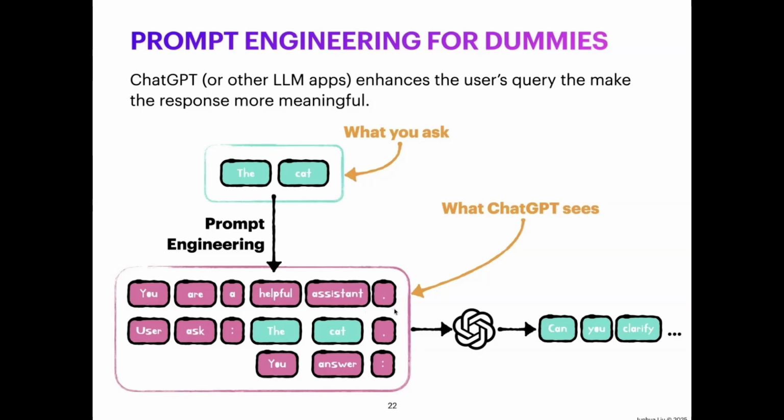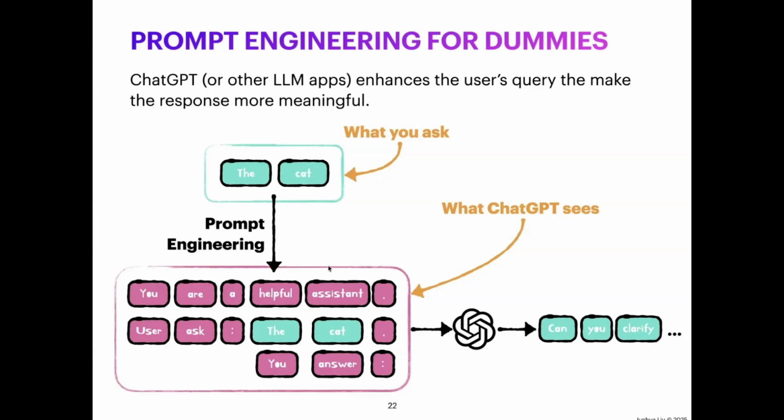We call it the system prompt. First, it will add instructions saying that you are a helpful assistant. Then before the user prompt, it will add user ask, colon, and whatever we put in, with a full stop. And then next it will say you answer, colon. This will be the actual text that is passed into ChatGPT, and ChatGPT will look at the whole text and generate.